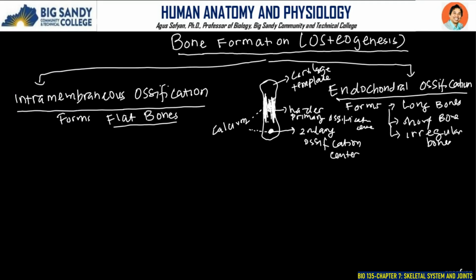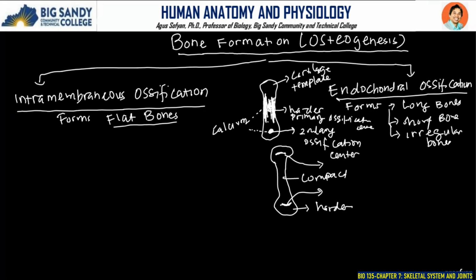Okay? So when this one develops and becomes compact bone over here, some harder bone, they still have cartilage left in the middle between the epiphysis and metaphysis. This is the growth plate.